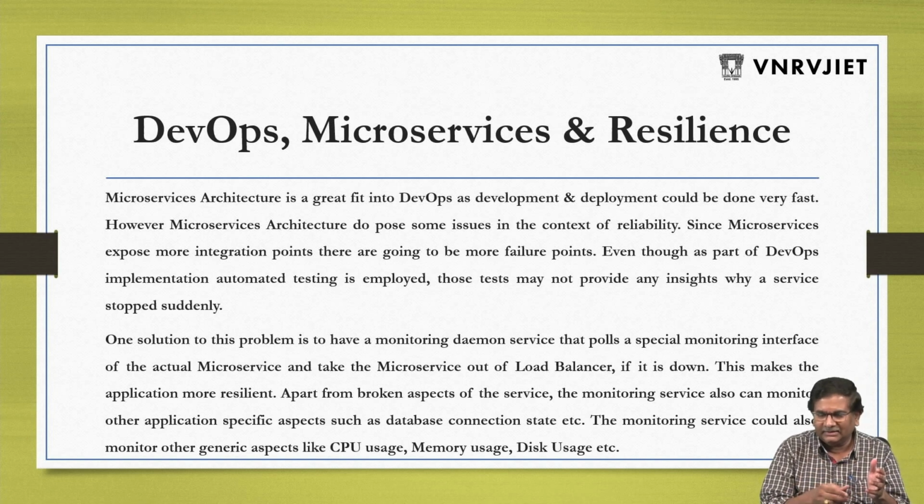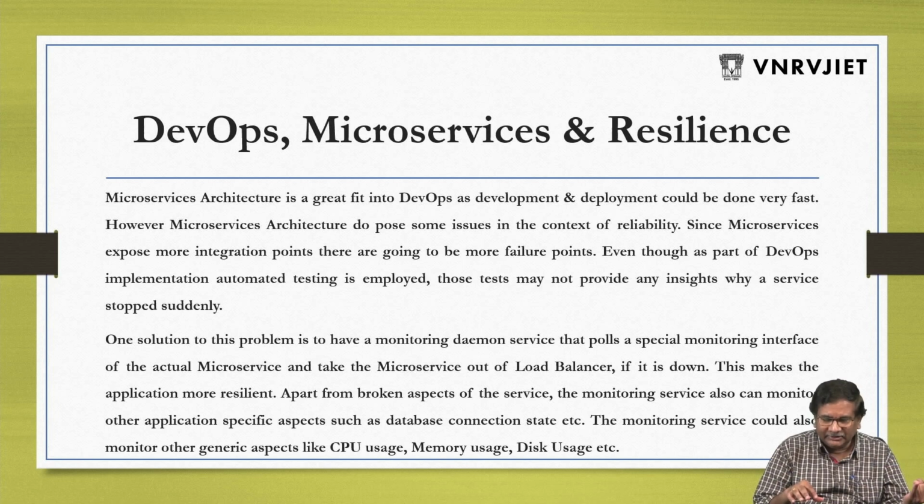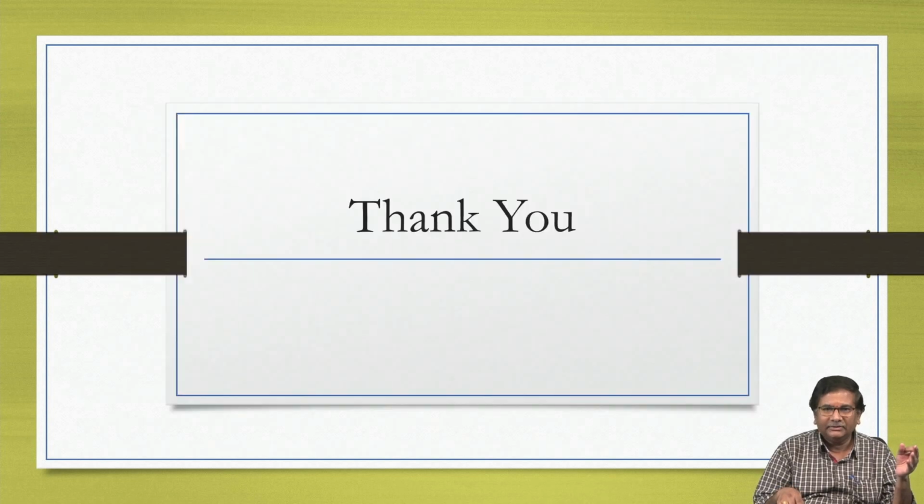It could also check the database, whether tables are full or empty. The monitoring service could also monitor other generic aspects like CPU usage, memory usage, disk usage. Predominantly, though, is the service down, yes or no, and are data connections and database aspects good, yes or no. Apart from that, you can monitor generic aspects like CPU and memory.